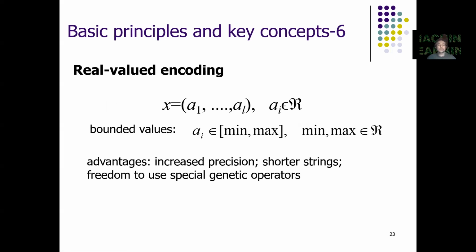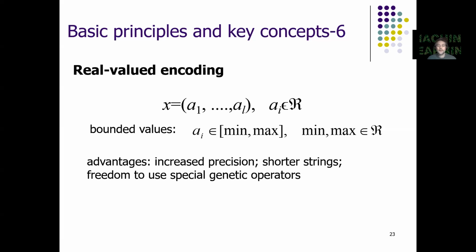If I can use real values, then I can directly encode the members of the population using real values. Normally, if I can do that, then I would have to create bounds for the allowed values, because otherwise it's extremely difficult to do calculations.